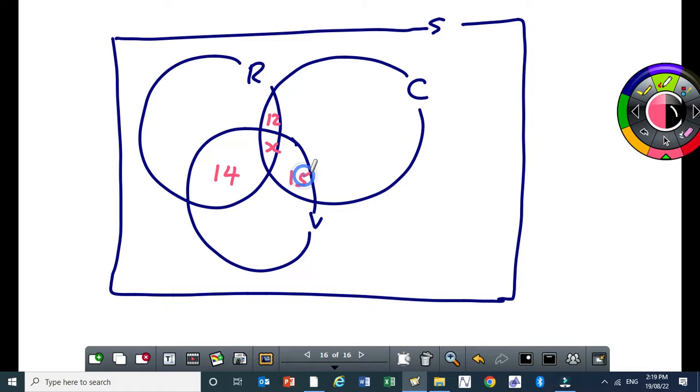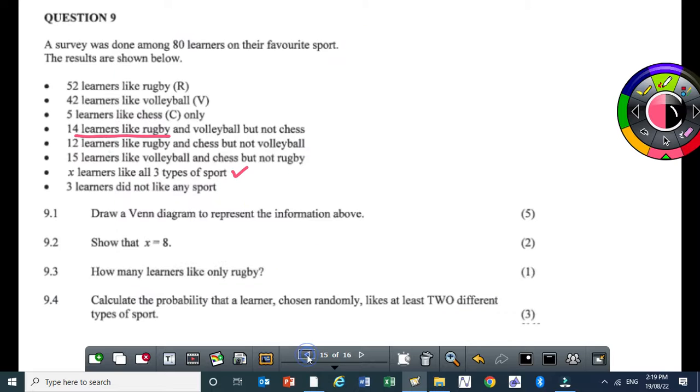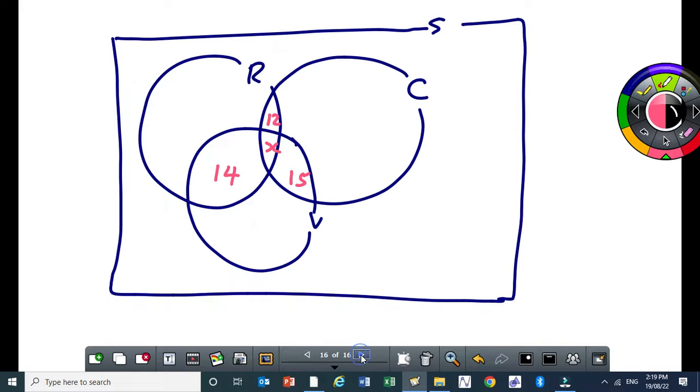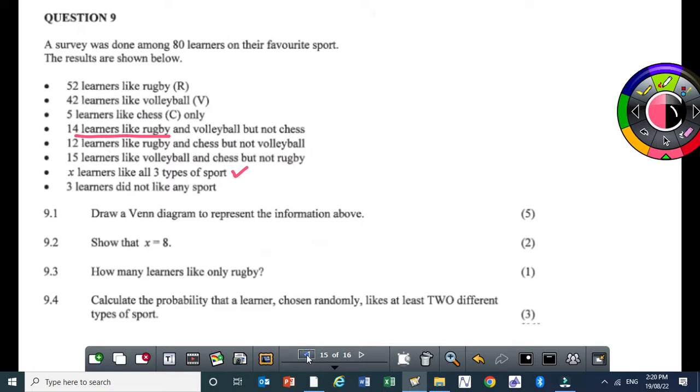The next part of the question says 3 learners did not like any sport. So those 3 we put outside.